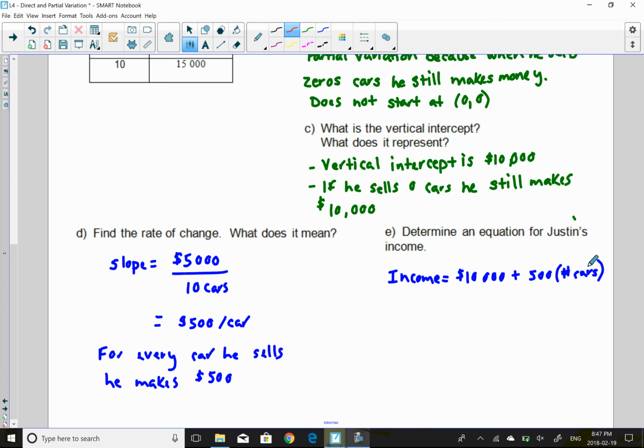We're going to change this to variables. So I'm going to use I for income. And let's use X for cars. So it's going to be 10,000 plus 500X.